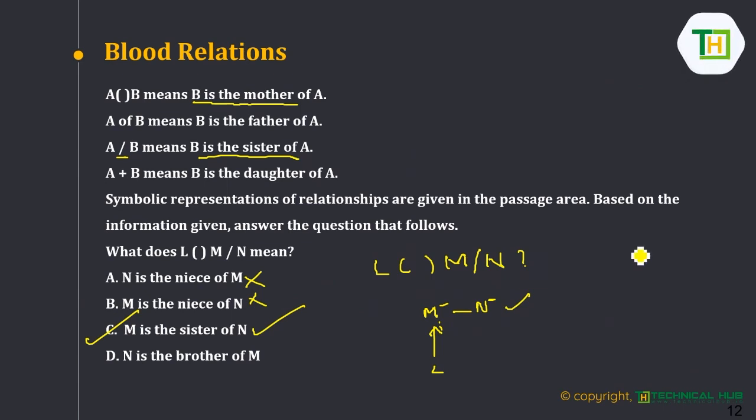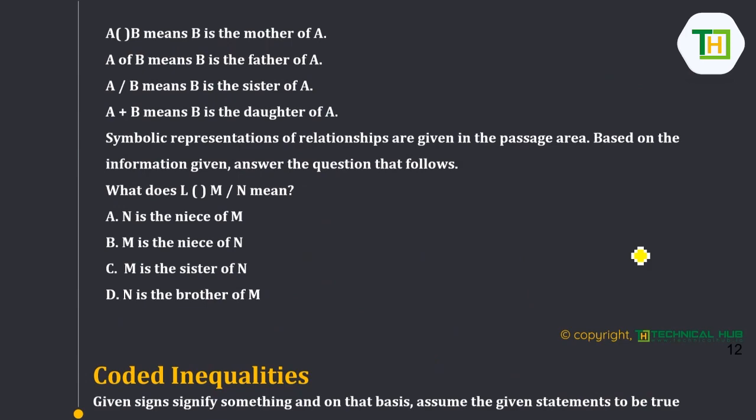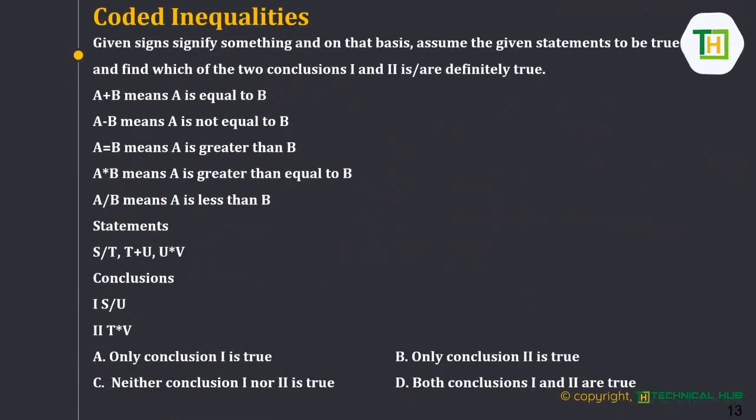Yes, next one, move on to the next one, inequalities. Here statements and conclusions are given. In inequalities, conclusion 1 is true or conclusion 2 is true, or both, that is option C or option D. Check that one by one.